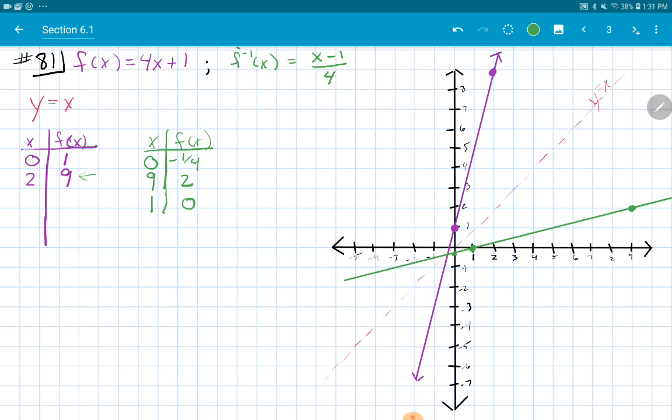Let's make some observations now. You'll notice that the dotted y equals x line is acting like a mirror to the purple and green lines. The purple is our original function, and it flips over that y equals x line. So each point (a, b) maps to (b, a).